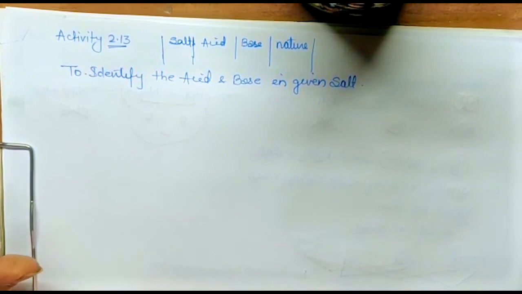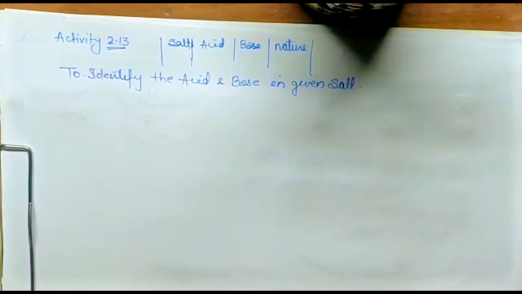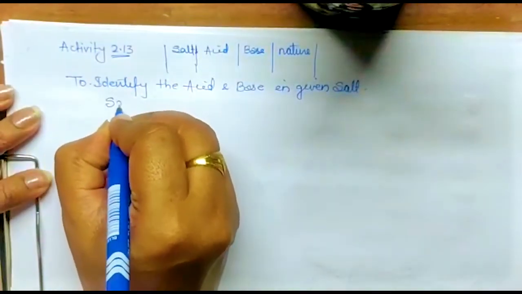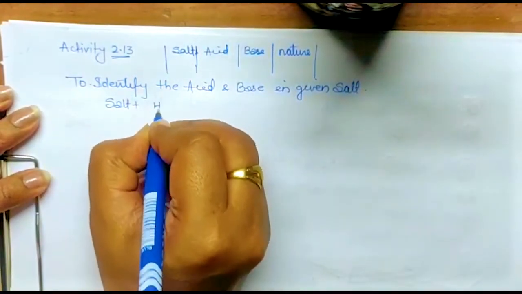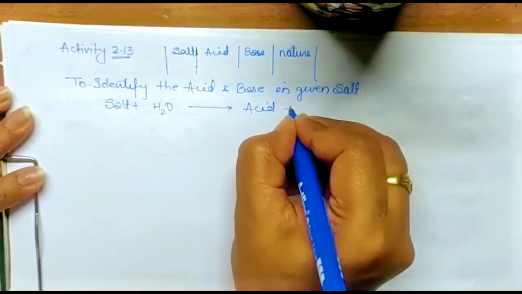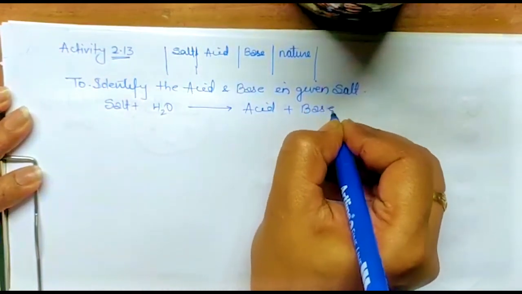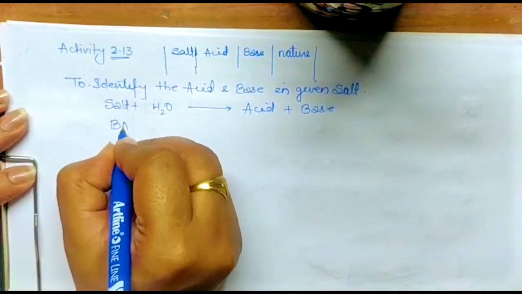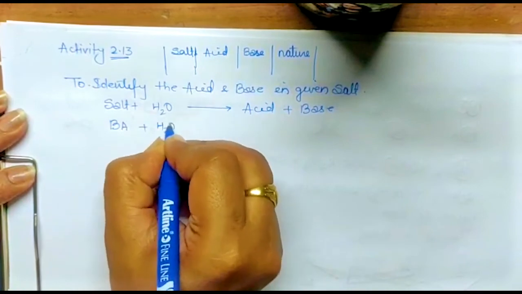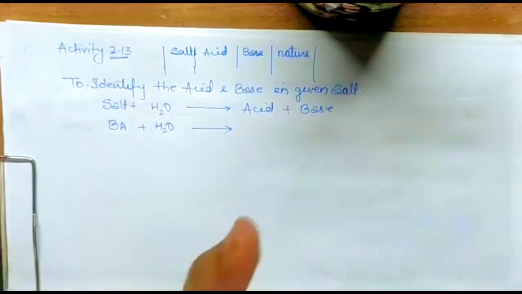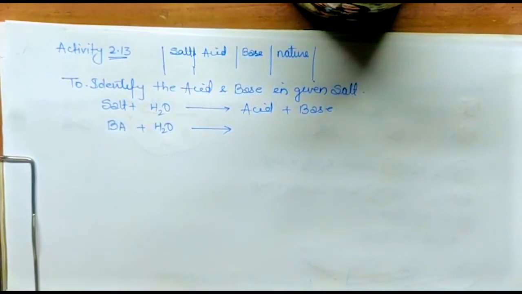Let me write this reaction in reverse way. This salt plus water will give you acid and base, isn't it? Let me write the salt formula as BA plus water, and this will obviously form acid and base. So how, we'll see. Let me dissociate this.